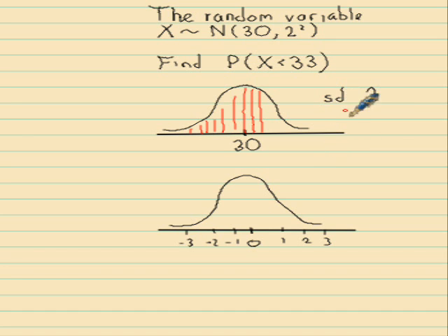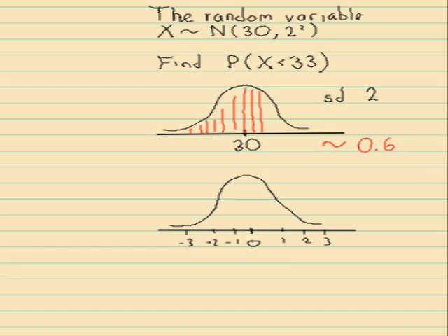I can't interpret, just off the top of my head, what this standard deviation is going to mean in terms of where this 33 will be. I don't know if it's going to be here or here, but I certainly know it's going to be to the right. So I am going to say that I think the area underneath this graph is going to be around 0.6. For no other reason, I know it's more than half.